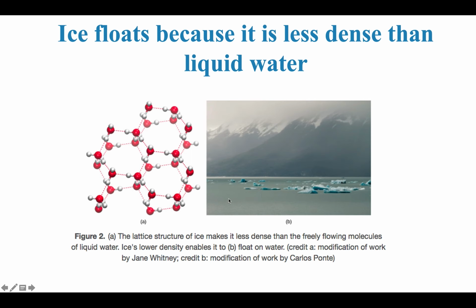But that freezing helps insulate the remainder of the lake from the really harsh freezing conditions that are outside of the water. And this helps organisms that live in these bodies of water to survive. So that's another way an interesting property of water helps life.